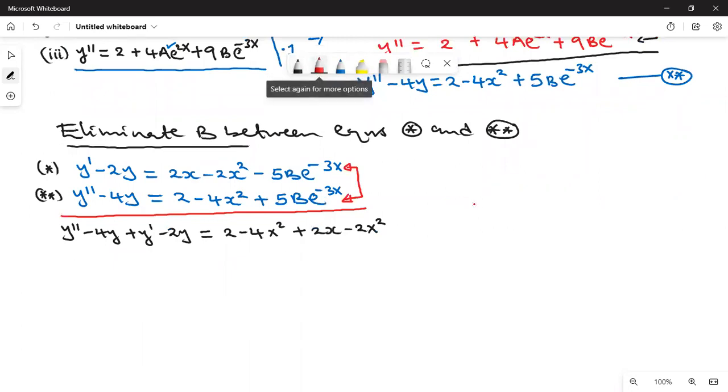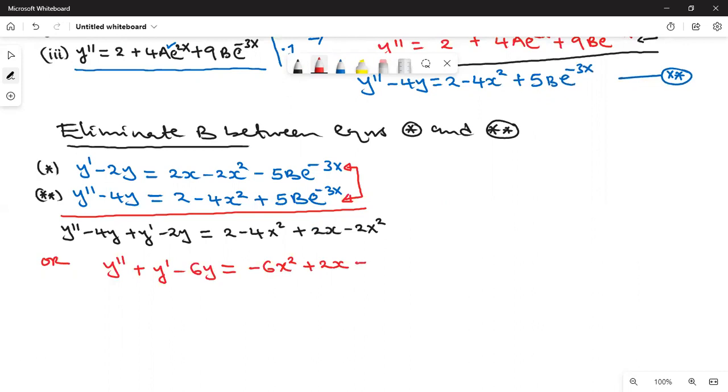This means that you can write y double prime. What about the y prime is just 1, so plus y prime minus 6y is equals to, I can see negative 6x squared, plus 2x, then plus 2.